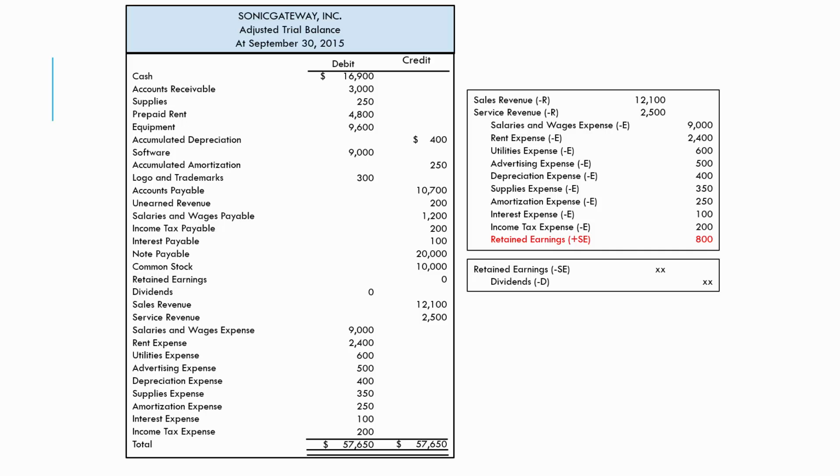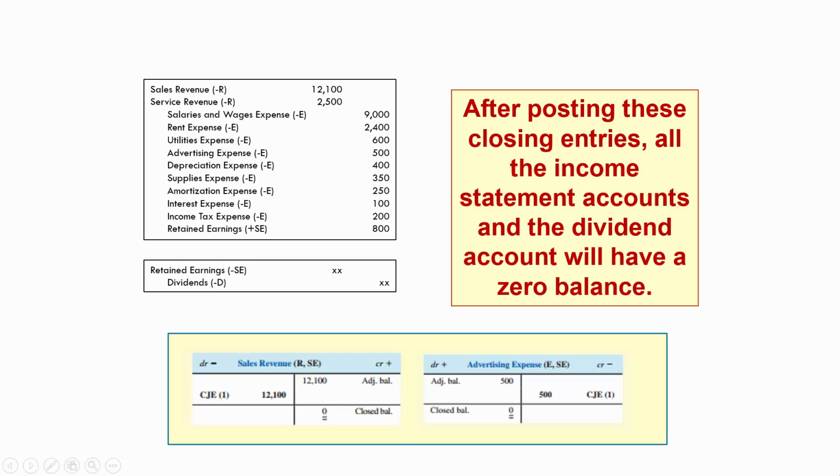Likewise, had we had dividends, we would have taken our dividends account, which has a normal debit balance, removed it with a credit, and taken that amount to retained earnings. After we do all of these, all the income statement accounts and the dividend accounts would have zero balance. For example, up here we have sales revenue, which is going to be debited for $12,100.